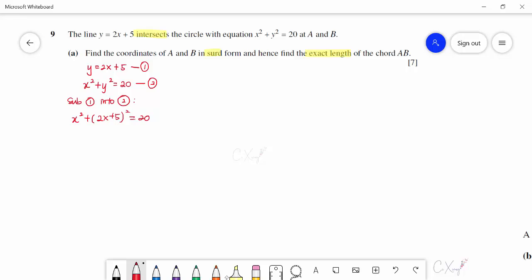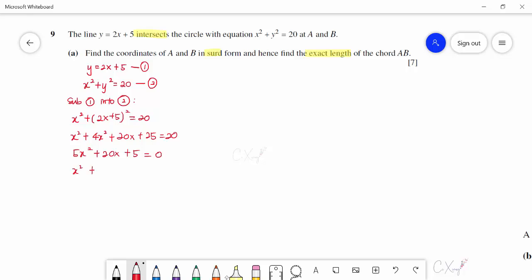Alright, and next I will try to expand it. And then if I rephrase everything nicely, I will have 5x squared plus 20x plus 5 equals 0.